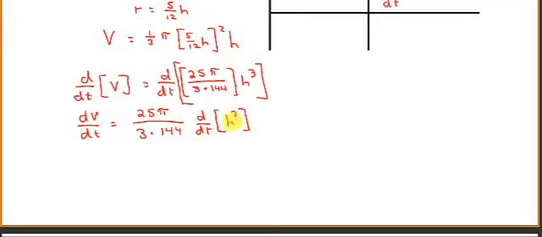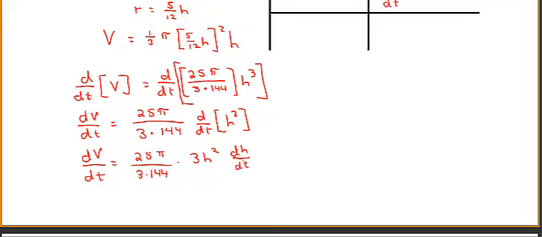We have to use a chain rule here because this is a composite function, an outside function of cubing and an inside function of h that we're taking the derivative of with respect to t. So dV/dt is going to be equal to 25 pi over 3 times 144, times 3h squared, then times the derivative of the inside function, dh/dt.